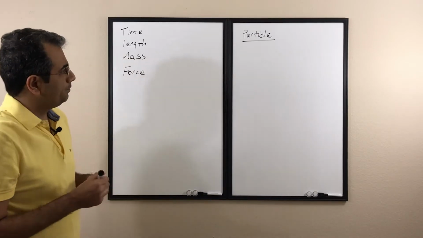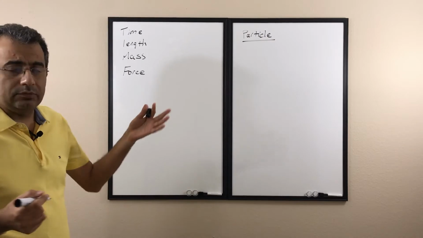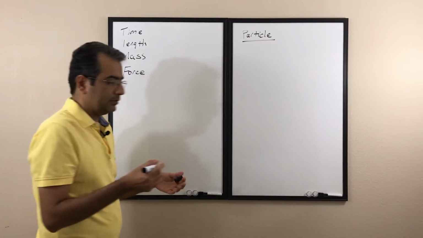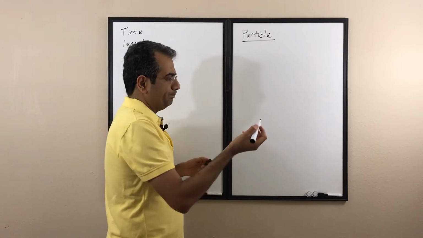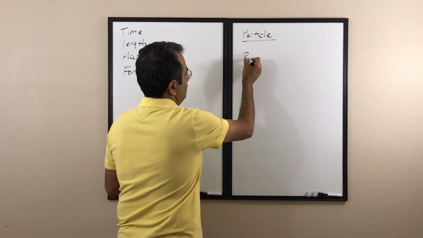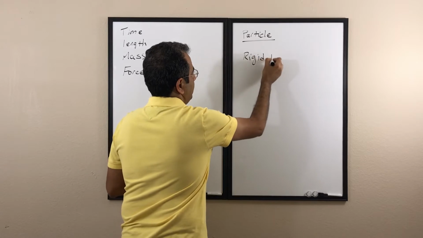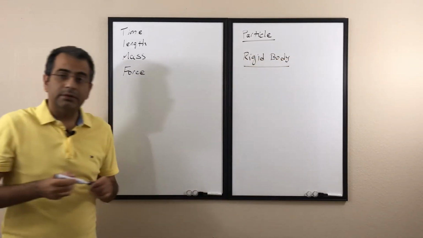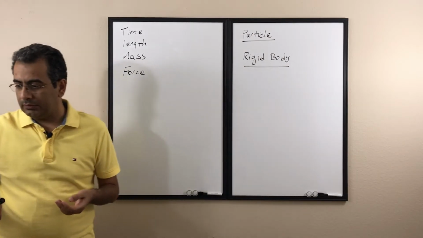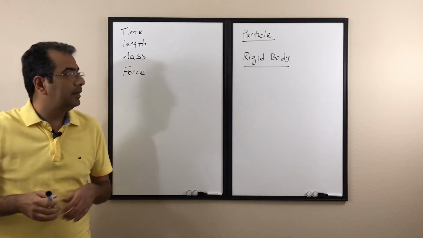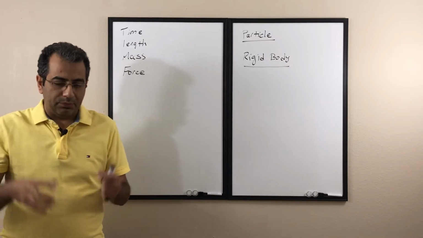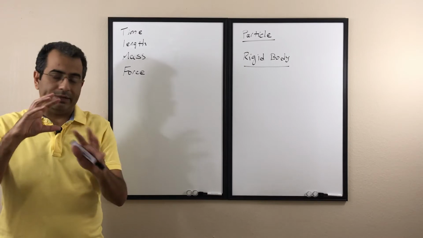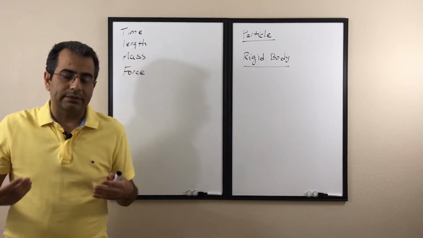The other term that you're going to hear a lot throughout this course is the rigid body. So what is a rigid body? A rigid body is a body that, if we apply force on any part of it, we don't see any deformation.